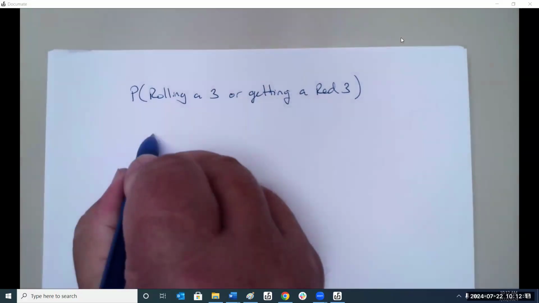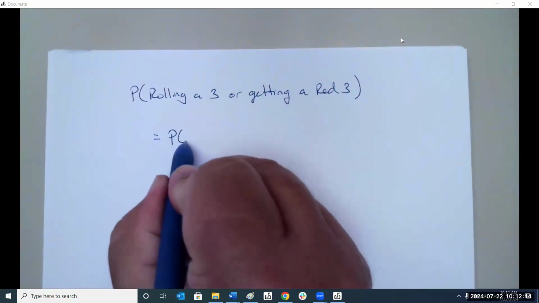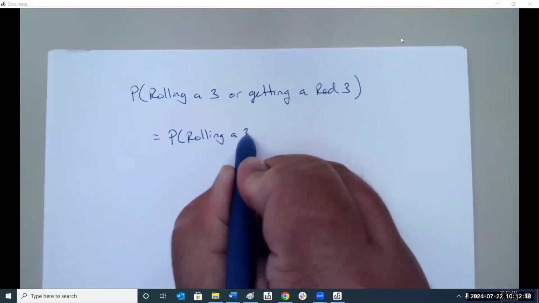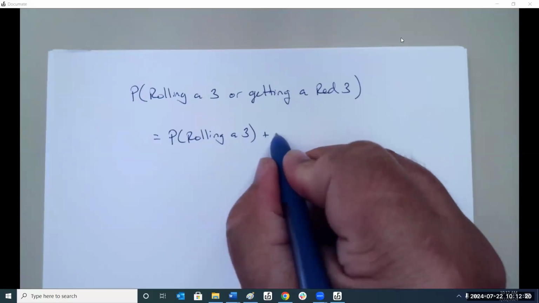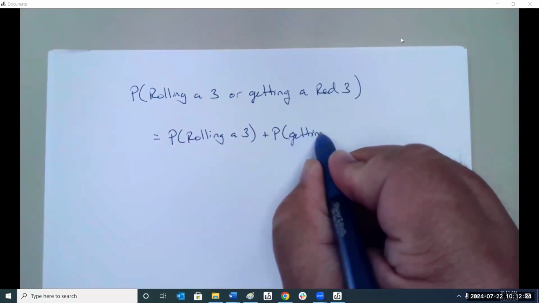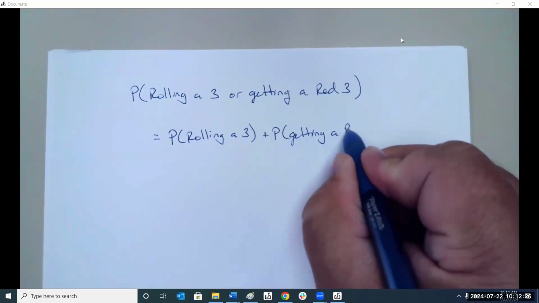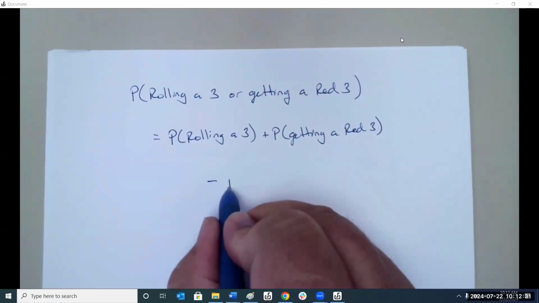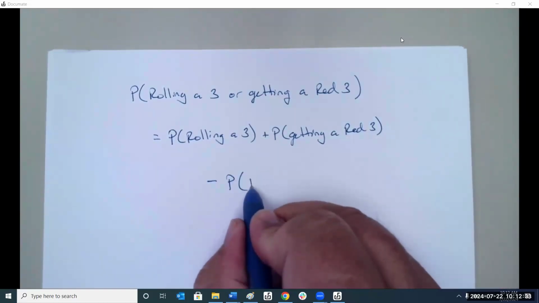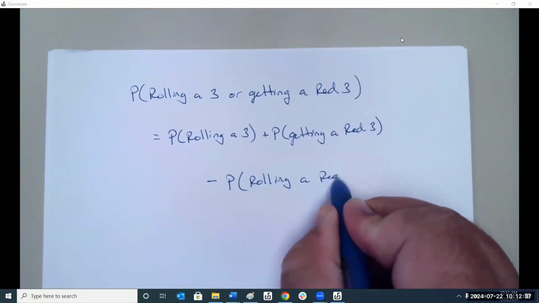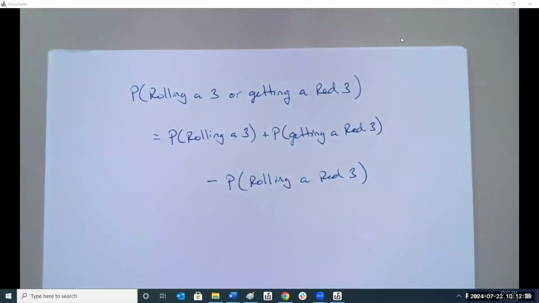Let's look at these. The first one is the probability of rolling a 3, plus the probability of getting a red 3, minus the probability of rolling a red 3.